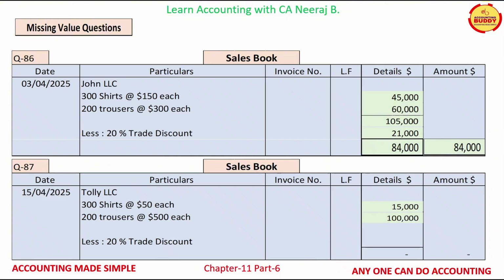The gross total sales value comes to $115,000. Now 20% trade discount is allowed to the customer, which comes to $23,000. Therefore, the net sales value of this credit sales transaction after deducting the trade discount will be $92,000. The net sales value will also be written in the amounts column.